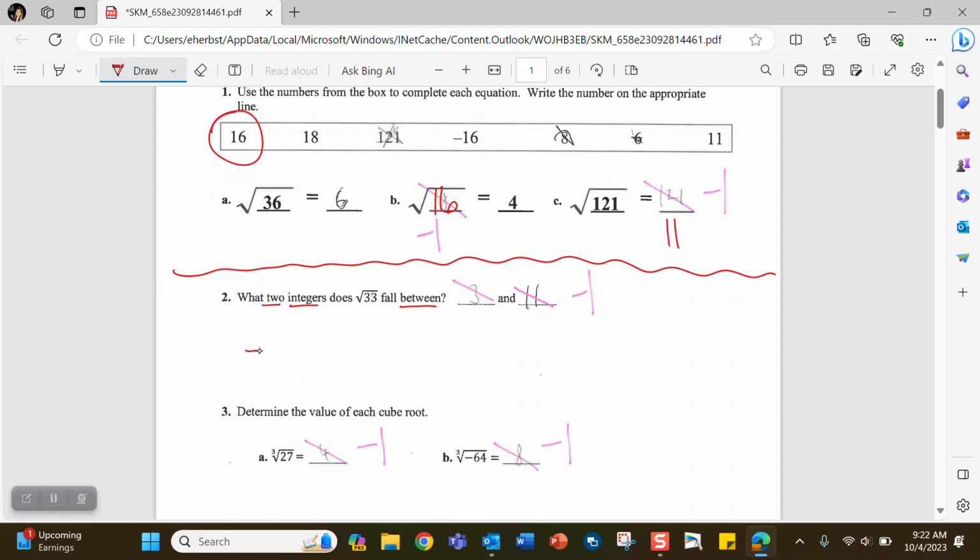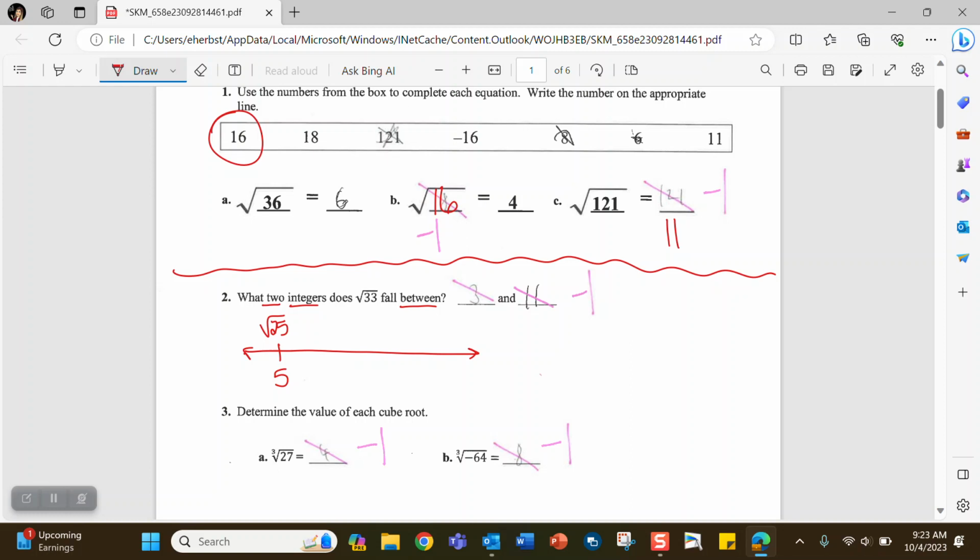So when we start taking a look at the square root of 33, we're trying to figure out what two perfect squares it falls between. If I start at 33 and I work down, 32, 31, 30, 29, 28, 27, 26, 25. So the square root of 25 is 5. That's the first perfect square less than 33.